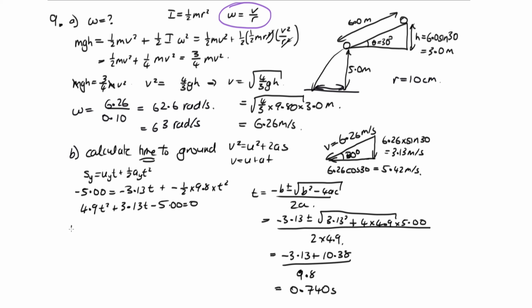So to do that, we'll need to use the horizontal component, and we will use s equals ut plus a half at squared, but there is no acceleration in the horizontal component, so this term's 0, so we've got sx is equal to ux t, and ux, that's the initial velocity in the x direction, which is 5.42, and t, that's the time in the air, which we've just calculated here.